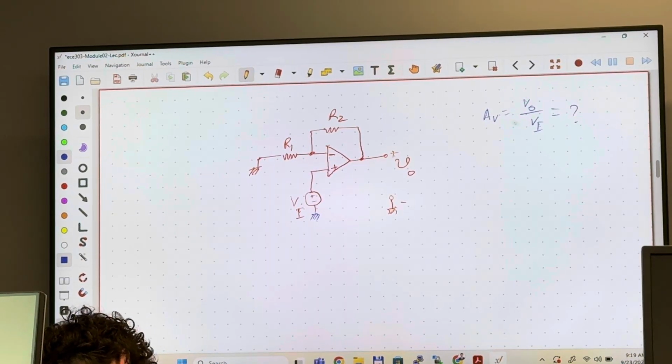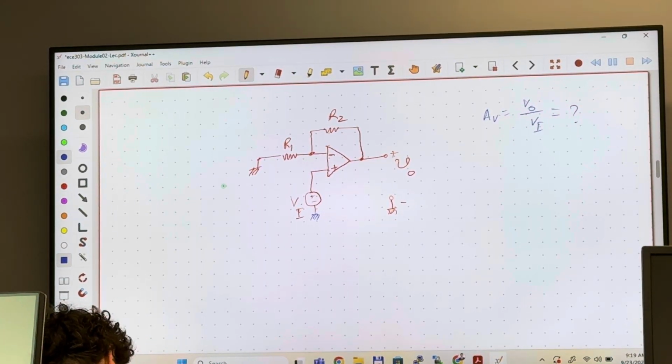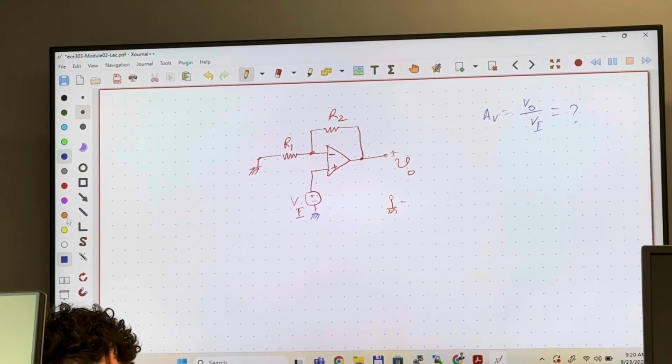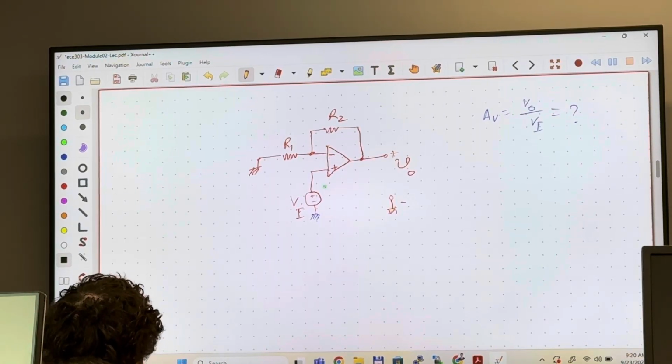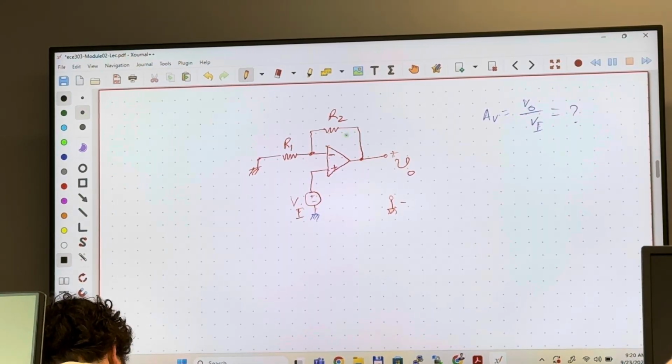Because the ultimate goal is to find Vout over Vinput, what is the expression here? Look. Because we have feedback, part of the output is going to be pushed back to the input.